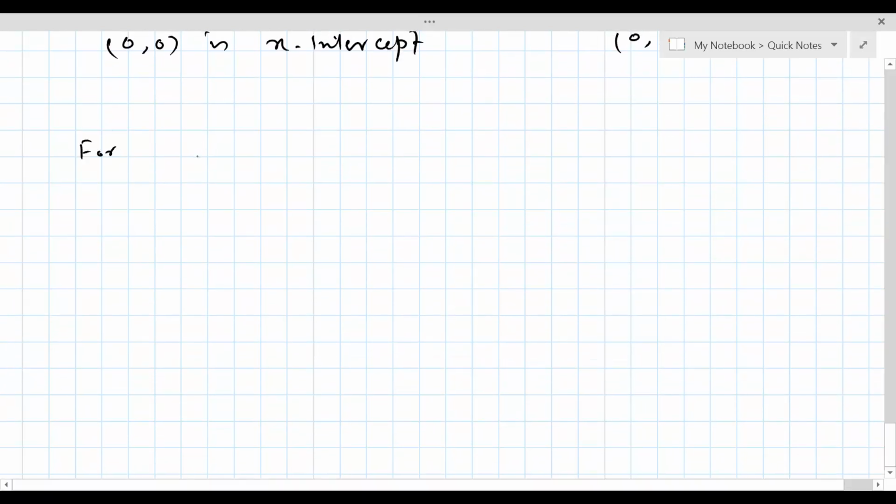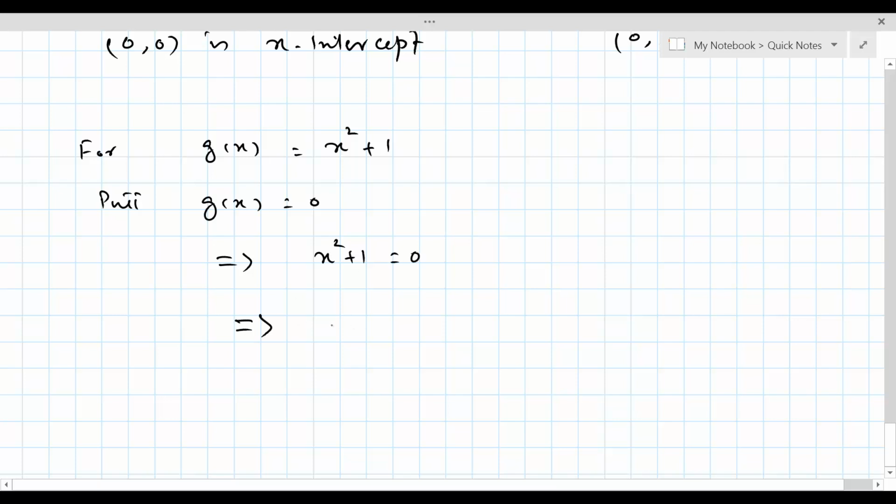But for g of x equal to x square plus 1, if we put g of x equal to 0, this means x square plus 1 is equal to 0.